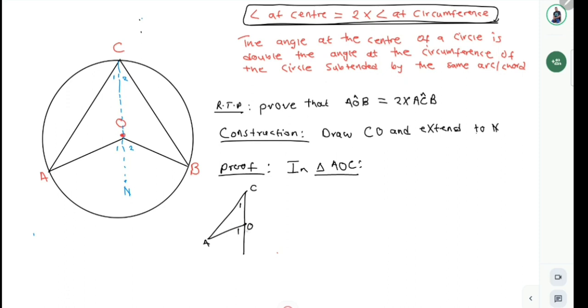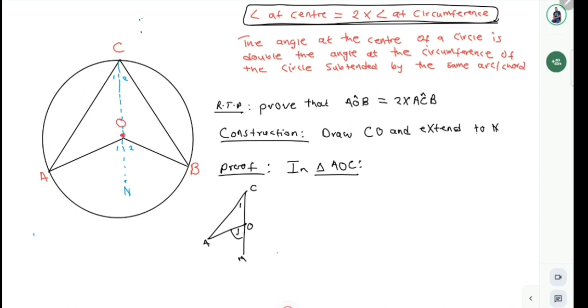Since we extended this line from O to point N, in another way around, we are going to have this exterior angle of a triangle. And remember that the exterior angle of a triangle is equal to the sum of the two opposite interior angles.